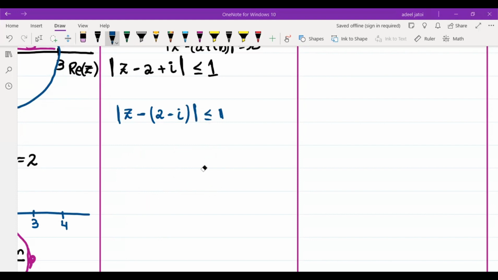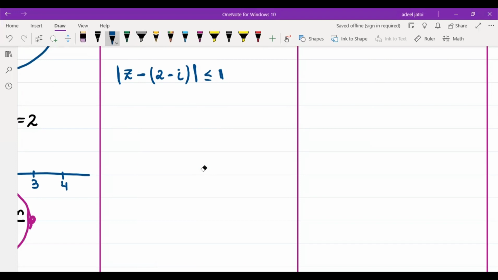We know that the complex number is 2 minus iota. So the center is 2 minus iota, that means 2 in the fourth quadrant. If we draw the lines, this is the real value of z and this is the imaginary value of z.